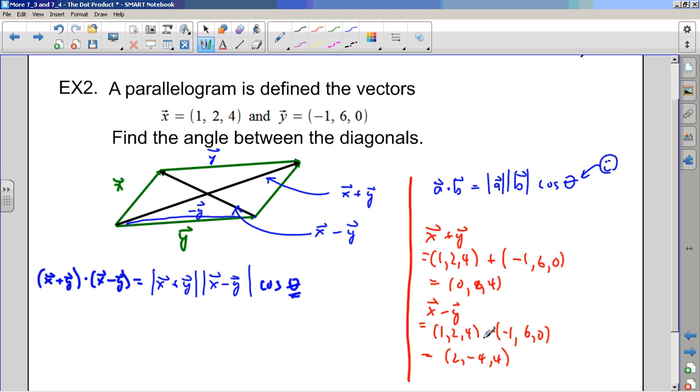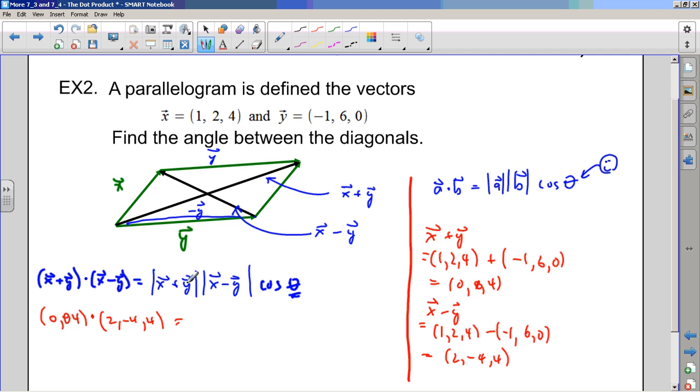Let me just check that, make sure my arithmetic's okay. 2, negative 4, 4, and 0, 8, 4. All that looks good. So this side is 0, 8, 4 dot 2, negative 4, 4.